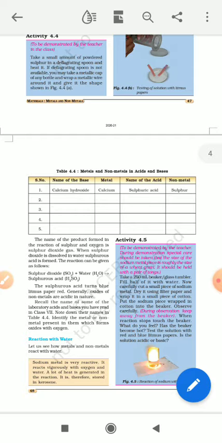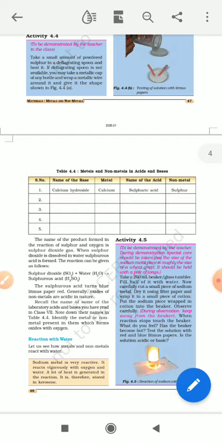Now one more experiment. Whatever I have discussed was related to metals, but now I am telling you the same thing with non-metals also. When metal reacts with oxygen, it provides metal oxide, and all metal oxides are basic in nature.